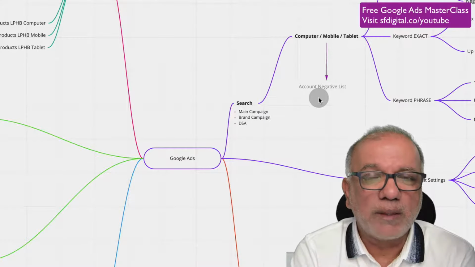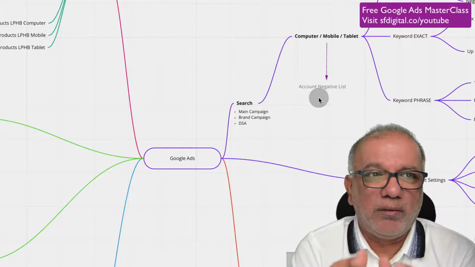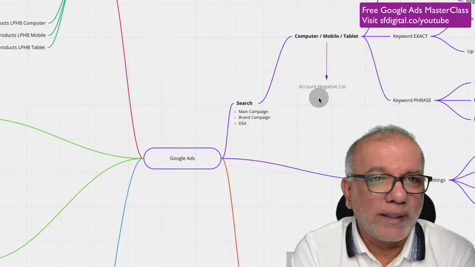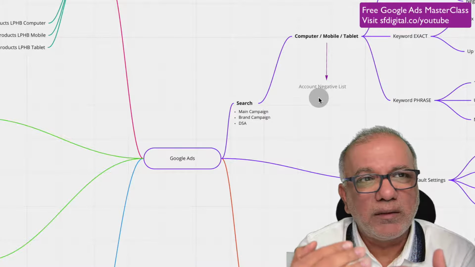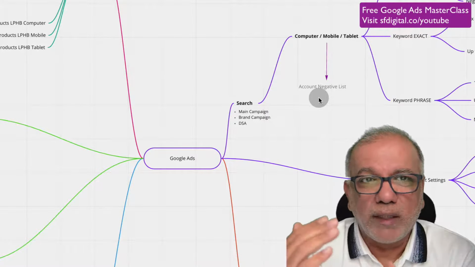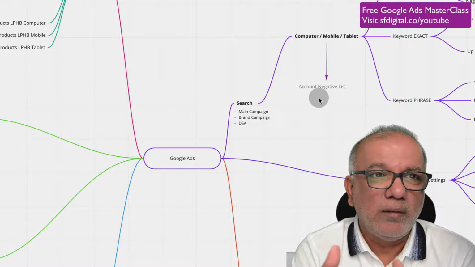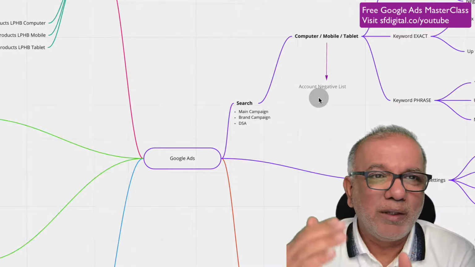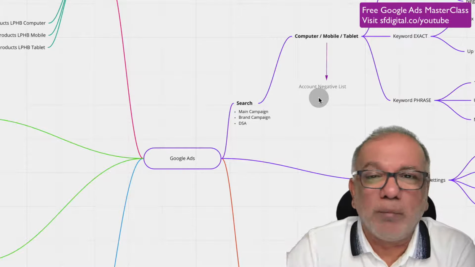So the account is completely blocked and you don't need to do the work over and over again. Because if you apply negative keywords at campaign or ad group level, then you will need to do the same thing for other campaigns if you are running multiple campaigns.